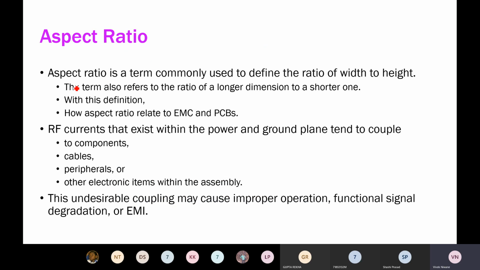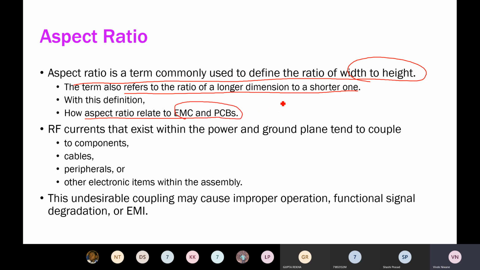Then aspect ratio. Aspect ratio is a term commonly used to define the ratio of width to height. Okay, the term also refers to the ratio of longer dimension to the shorter one of the tracks. With the definition, how does aspect ratio relate to EMC and PCB? Do remember that whenever we do have longer tracks or traces, those are nothing but analogous to antennas.